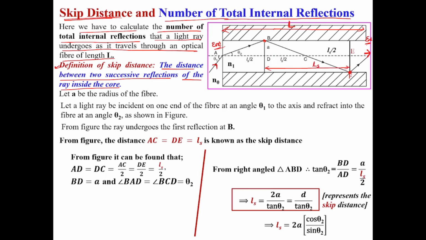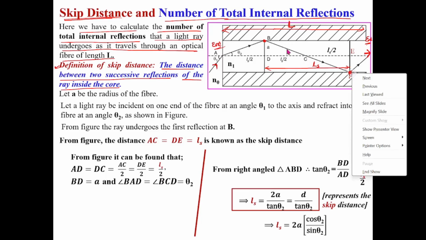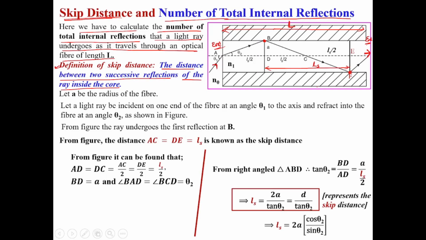At B, one internal reflection happens. Before the next internal reflection, the light skipped or jumped the distance Ls. This distance is called the skip distance.